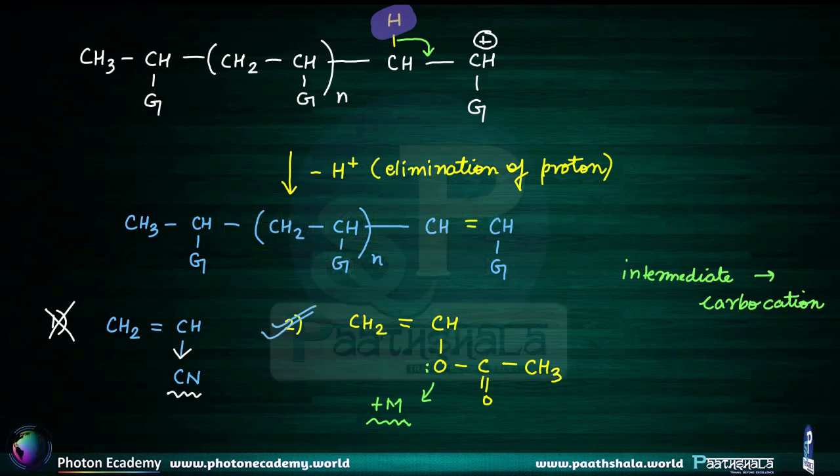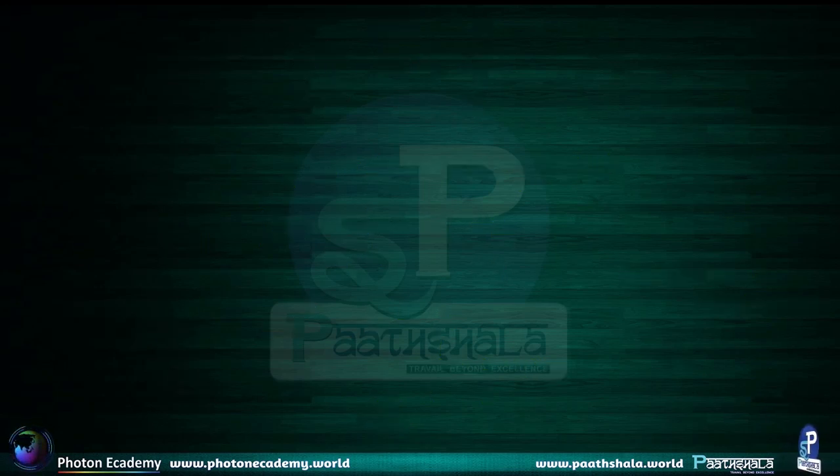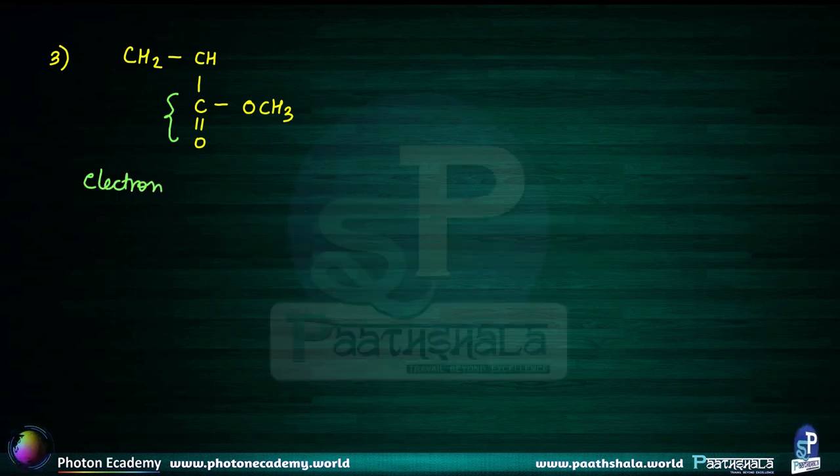Now, let us say we take another monomer, say CH2, CH, and now we have C double bond O followed by an OCH3. Here the C double bond O group as a whole is electron withdrawing.